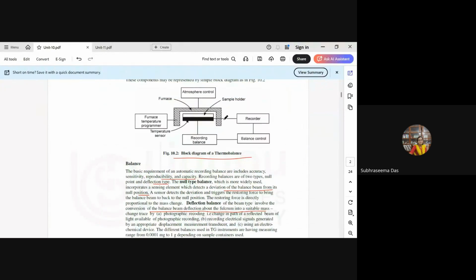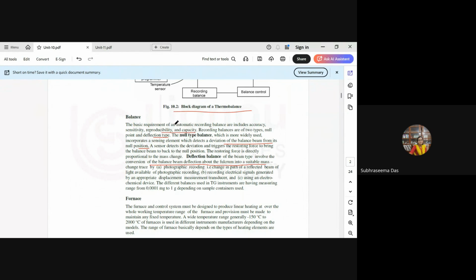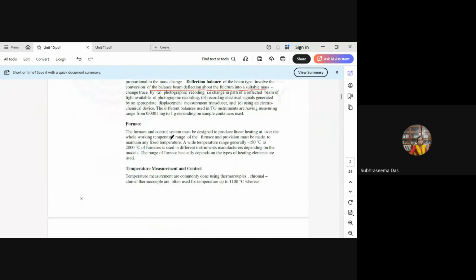Then comes the furnace, which is used for heating our sample. The furnace and control system must be designed to produce linear heating, so that the heating is maintained linearly and there is no deviation in the heating rate during the process. Furnaces are mostly used over a temperature range from 150 degrees up to 2000 degrees.